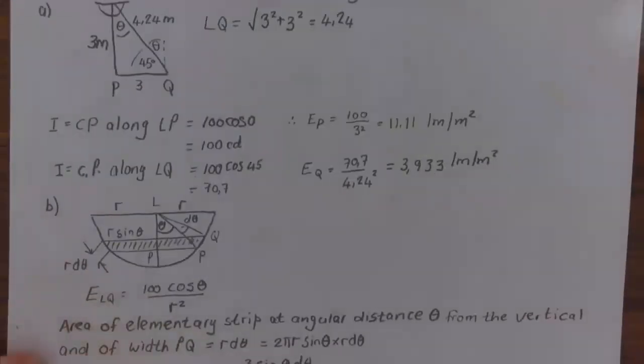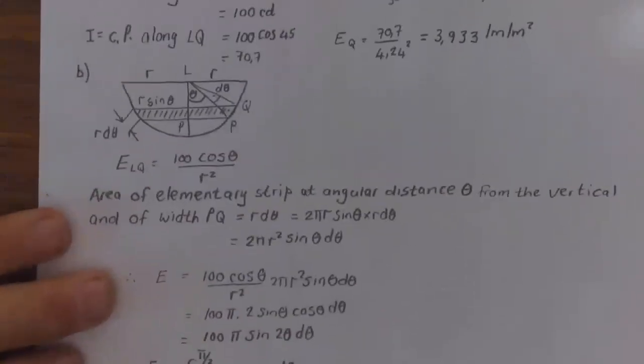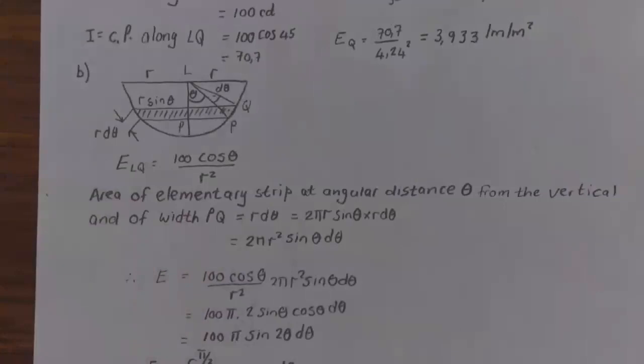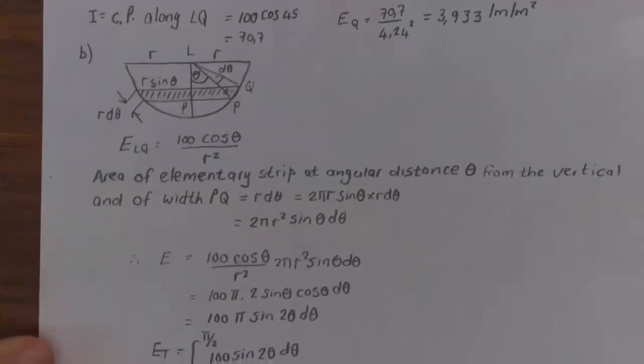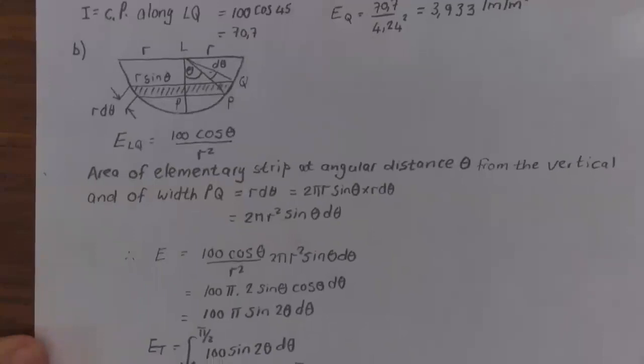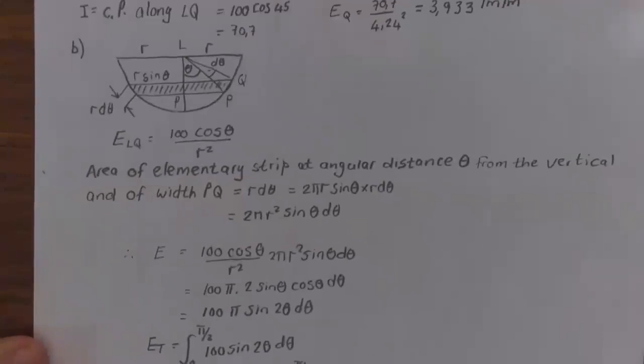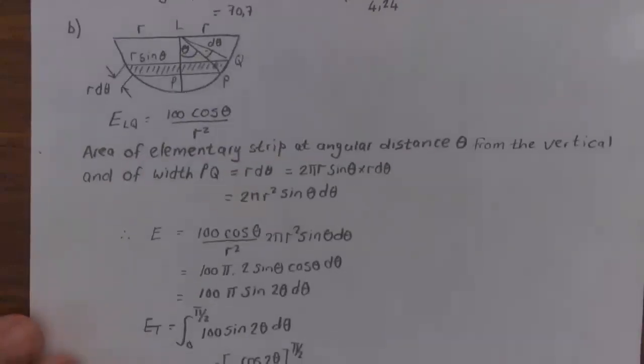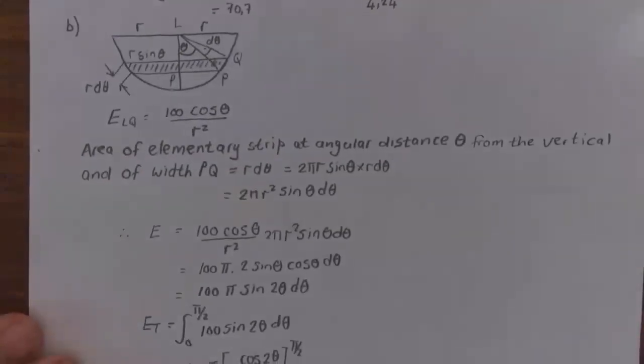Now the B part of the question is we've got a small hemisphere and E at LQ is 100 cos theta divided by r squared. Now the area of the elementary strip at angular distance theta from the vertical and width r d theta is 2 pi r sine theta times r d theta.